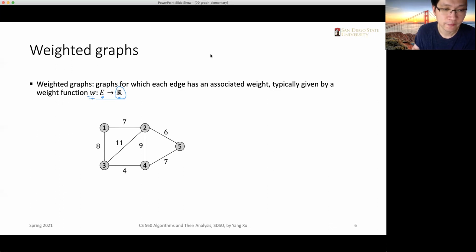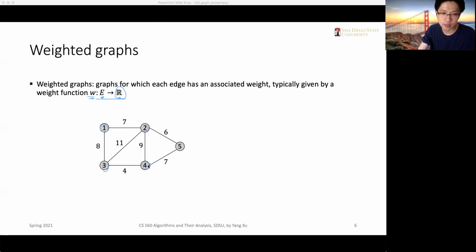Now, if we look at this example, we have two types of integer numbers. Okay, so the numbers within this circle, they are the index for the vertices. So the 1 here means that this is vertex 1, vertex 2, right, vertex 3.